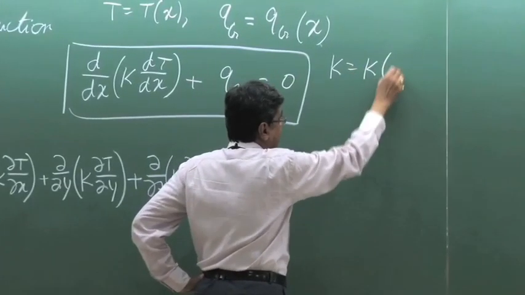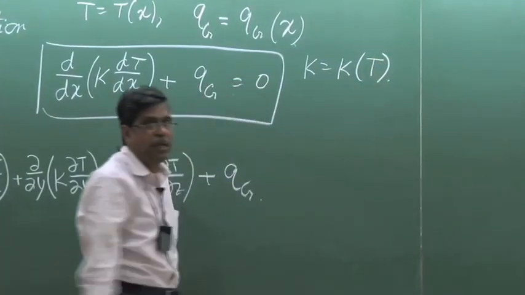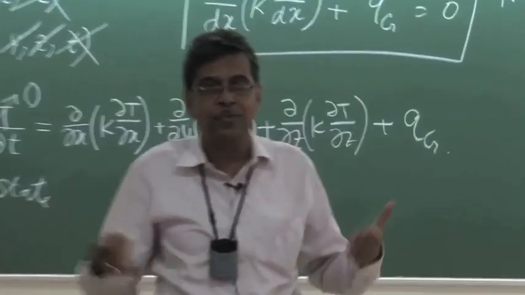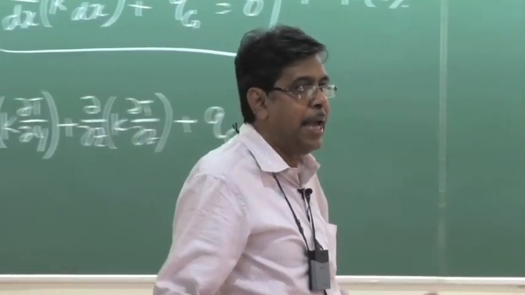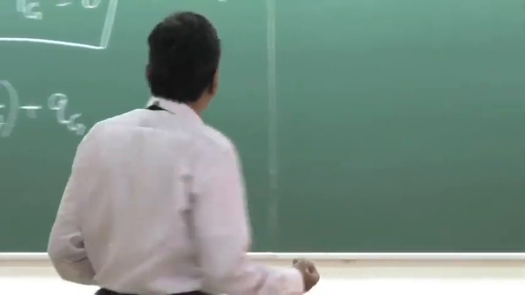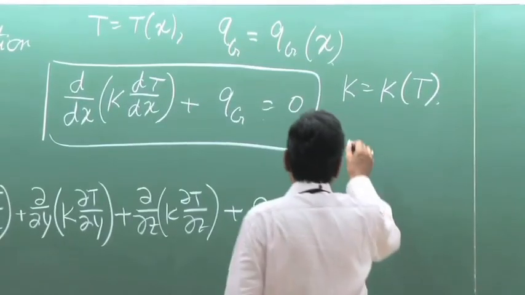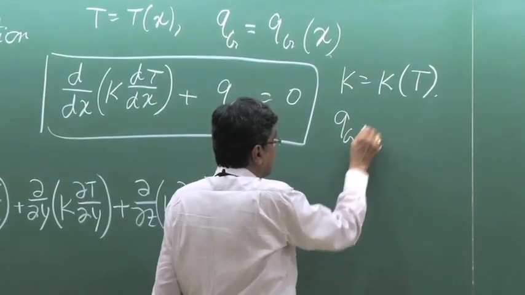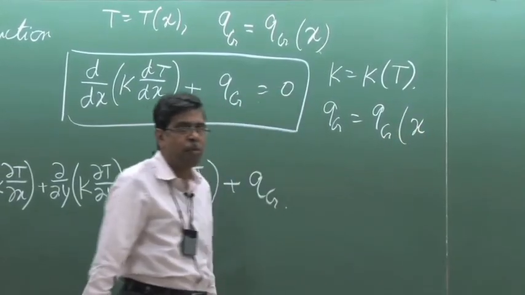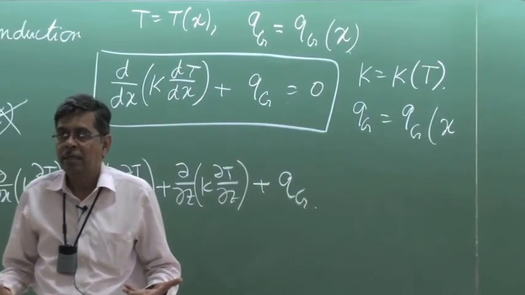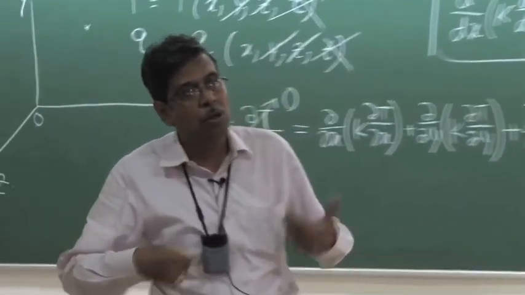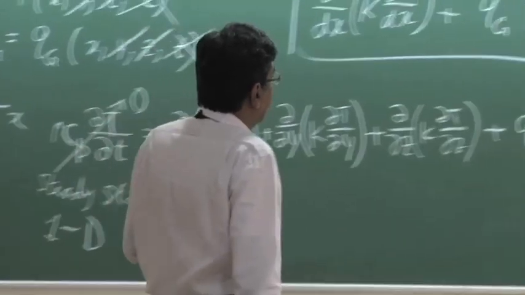I already told that k, being a property of the medium, is dependent on temperature. In an isotropic medium, k is dependent only on temperature. So, k may be temperature dependent, and Qg in one dimensional steady state will be a function of x, and this also may be a function of temperature, and temperature is also indirectly a function of x.